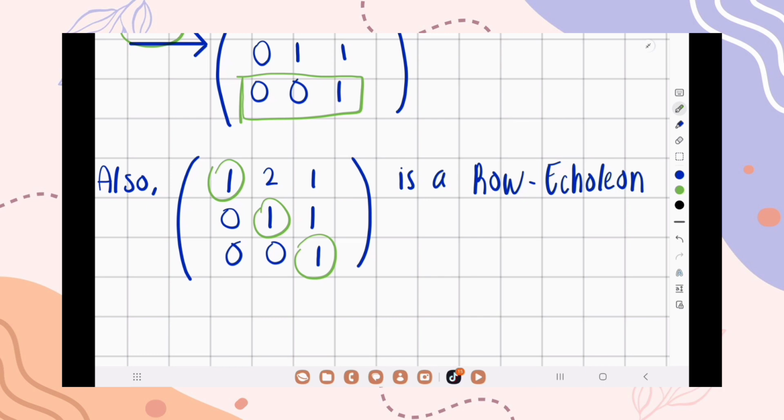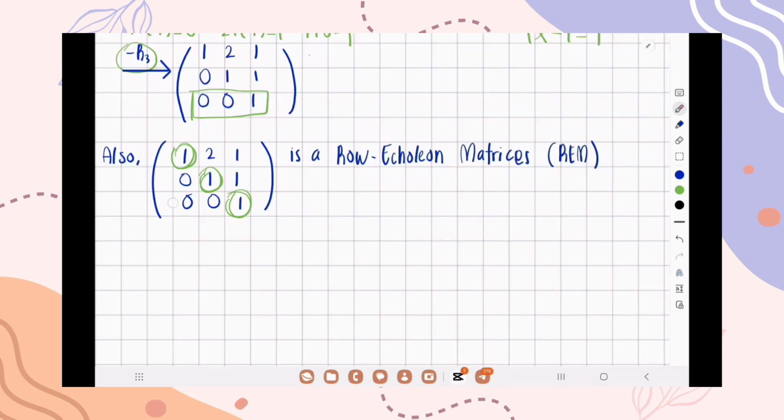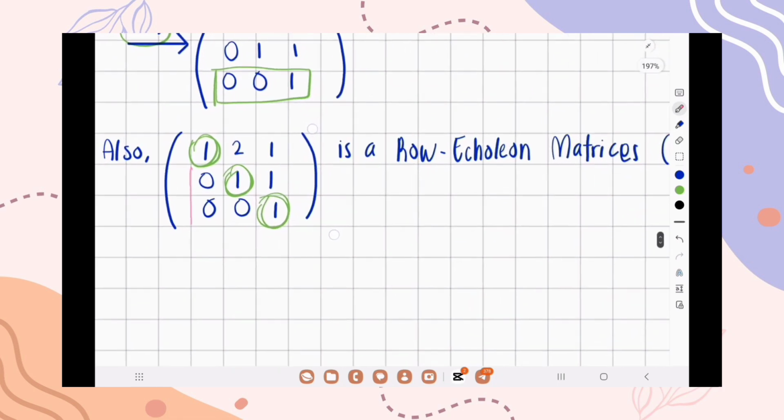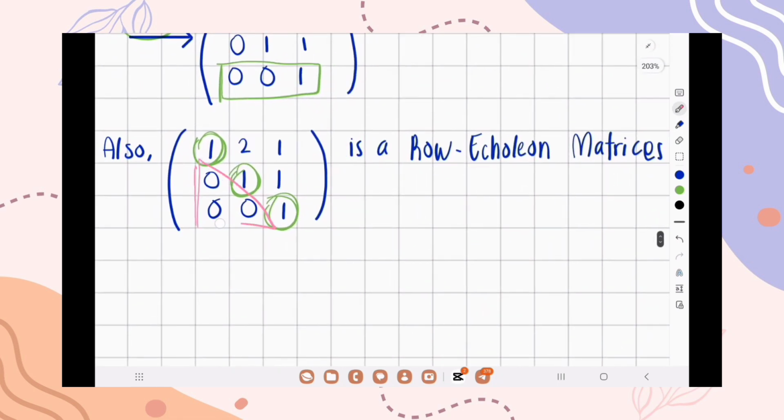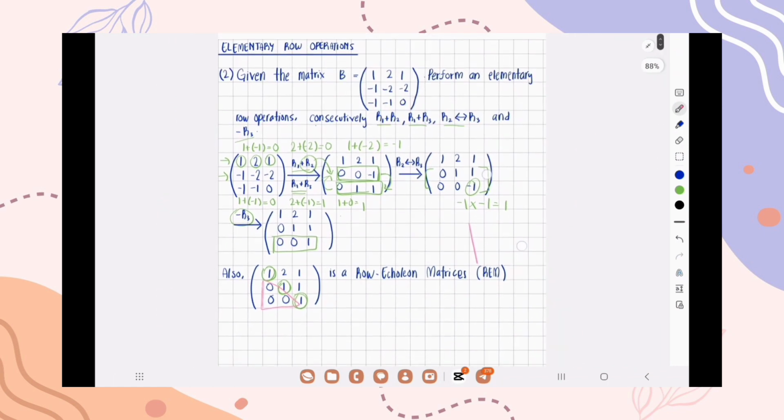The leading one in the lower row occurs farther to the right than the leading one in the upper row, and it also consists of entirely zero rows, which are grouped together at the bottom of the matrix. So that's why it's an REM.